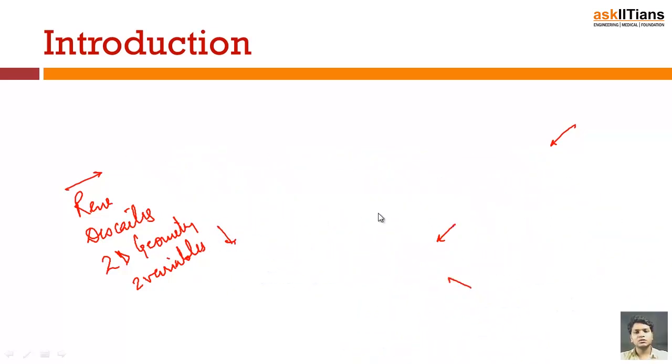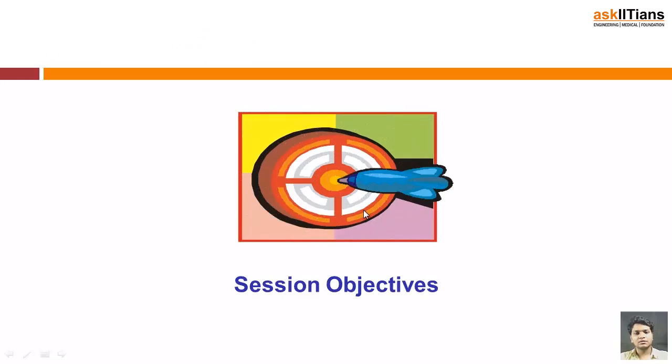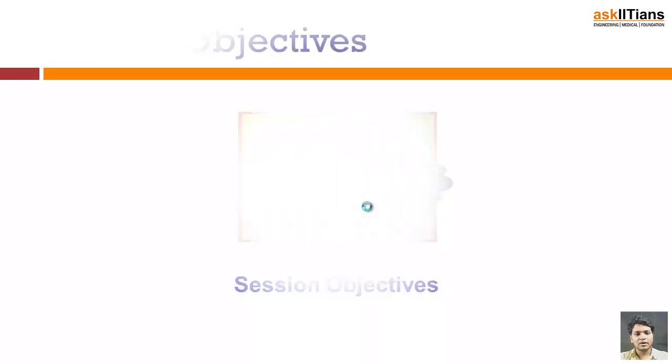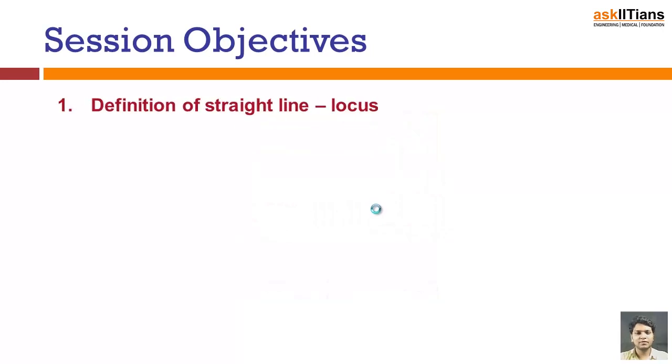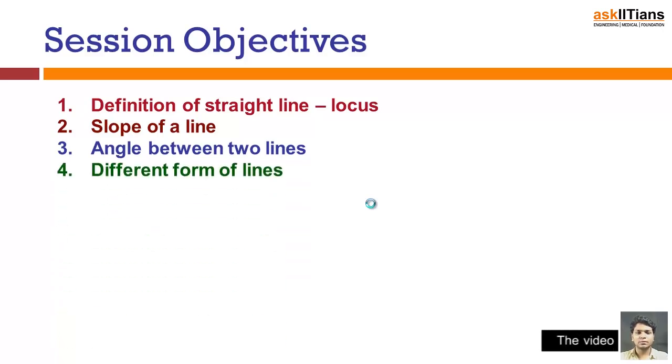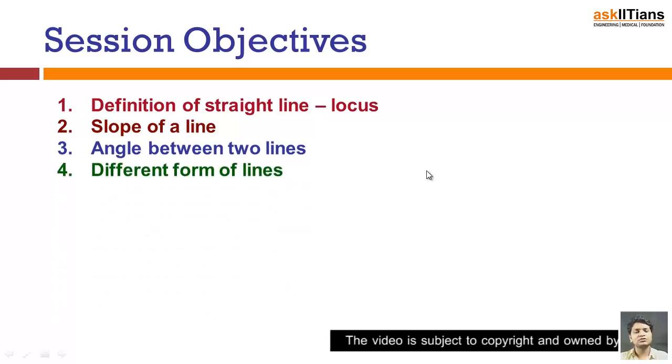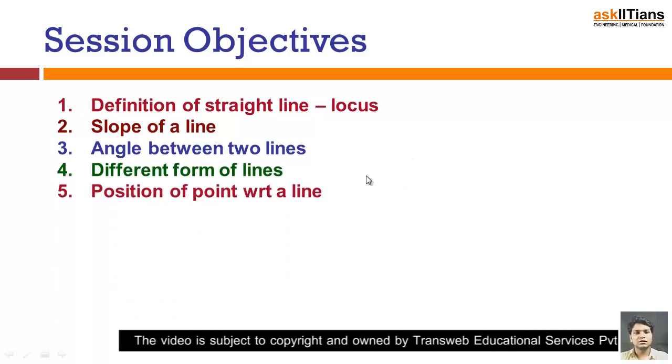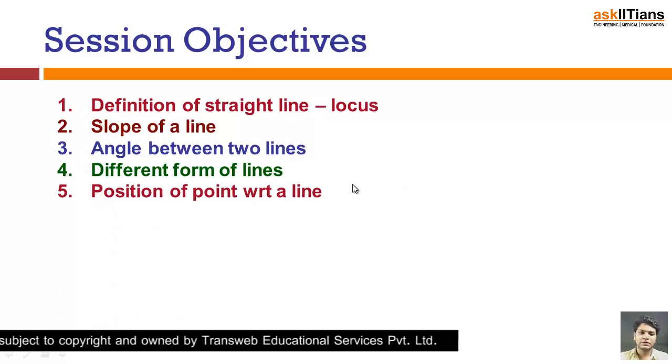While moving towards the next part in this series, first of all we will define our session objectives and goals. The very first one will be the definition of a straight line in terms of locus. The next one is going to be the slope of a line. Following that will be the angle between two lines, next to which will be the different forms of lines, and after all of this we will consider the position of a point with respect to a line.